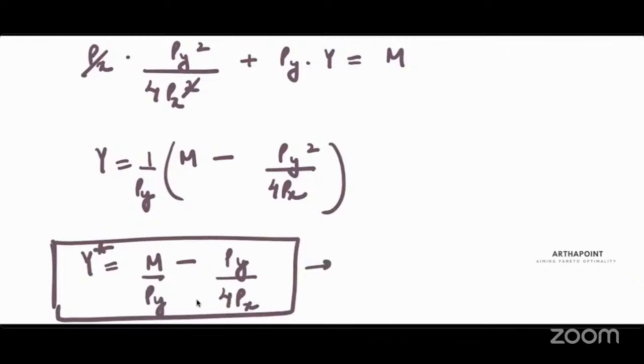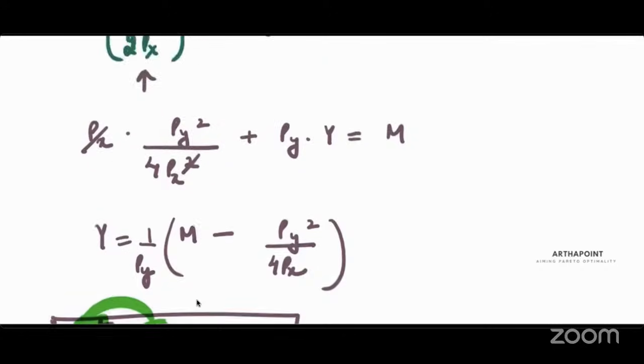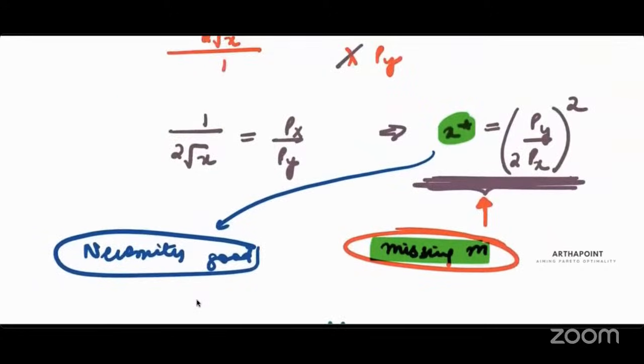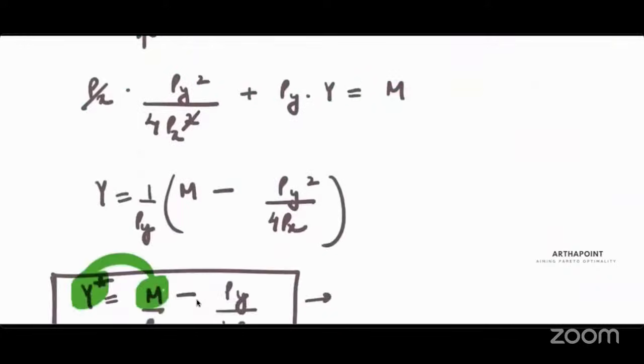Y is not a necessity good. Y depends on the level of income. See here, y depends on m. But it is x which is a necessity good. X does not depend on income. X will be consumed irrespective of the level of the income. But that does not hold for y.